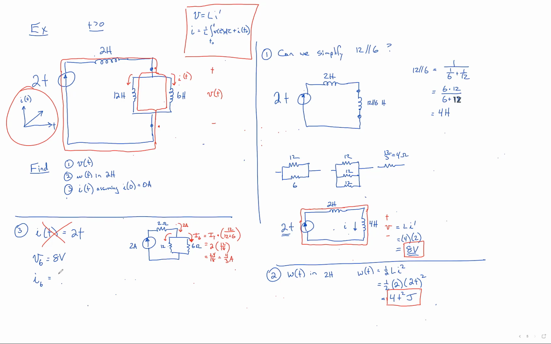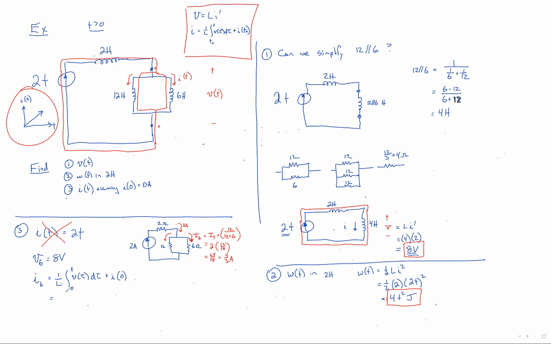So let's do that down here. It's 1 over L times, what's your initial condition? Where's your t naught? Where do you want to start looking? Wouldn't it just be 0? So 0 to t of your voltage d tau, plus your current at t equals 0.